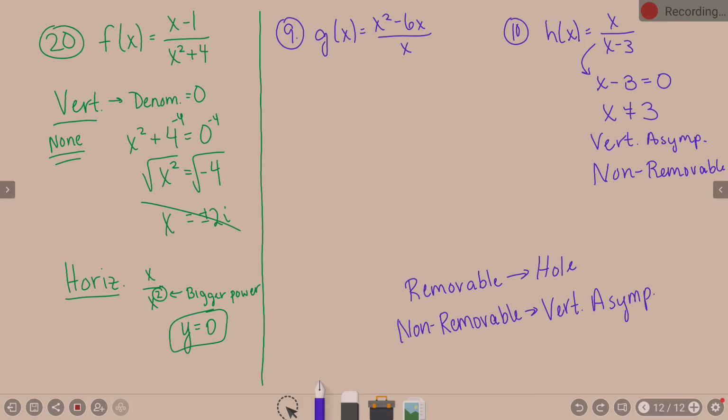Okay, so the question was, how is it stated? Determine where the function has a point of discontinuity and tell whether it's removable or non-removable. So where is it at, where did we talk about? X equals 3. So there's a non-removable point of discontinuity at x equals 3.